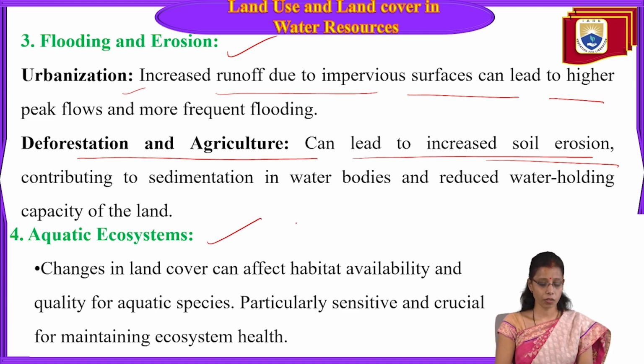So, what about aquatic ecosystems? Changes in land cover can affect the habitat availability and quality of the aquatic species.